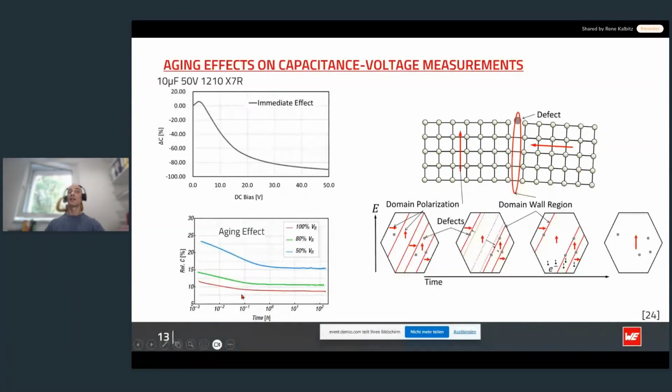There is a discussion going on in the literature about the exact origin of this long-term capacitance decrease. They are linked to the retarded movements of the domain walls. No matter what approach you find in the literature, they all somehow involve, well, domain walls. And they are also linked to domain wall pinning at defects.